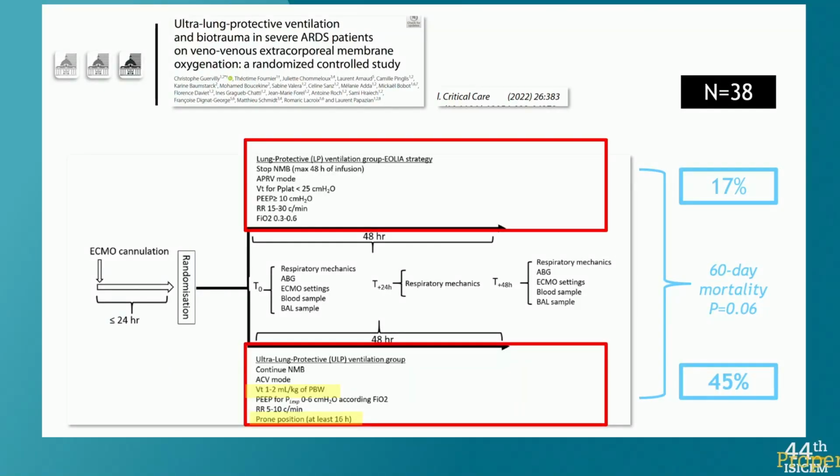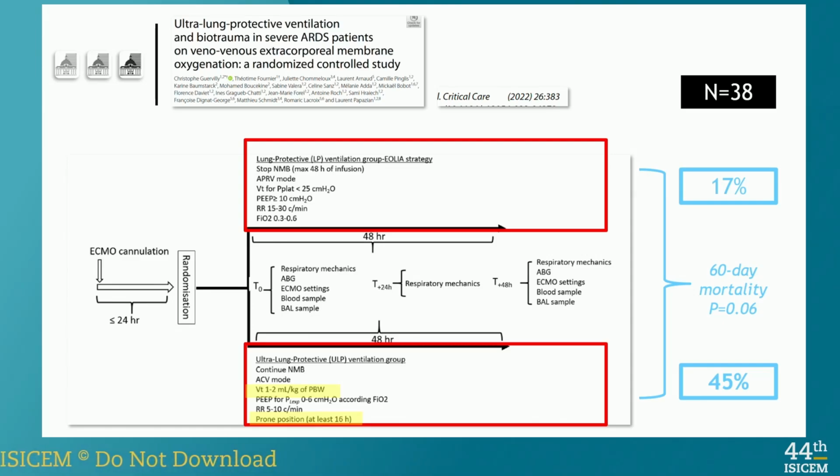But the idea of this study was to compare two strategies of ventilation on VV ECMO: a classical mechanical ventilation setting, following what has been shown in the earlier strategy, and another strategy which was much more aggressive in terms of lung protection, with a tidal volume reduced to 1 to 2 ml per kilogram, a very low respiratory rate between 5 and 10, and at least one prone positioning session. This interventional strategy was compared to what is usually done with the EOLIA settings.